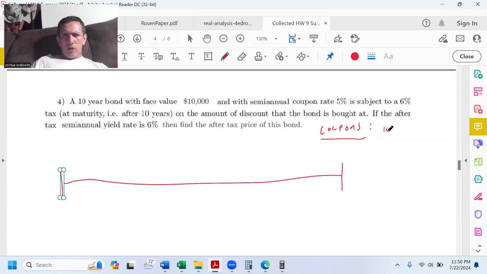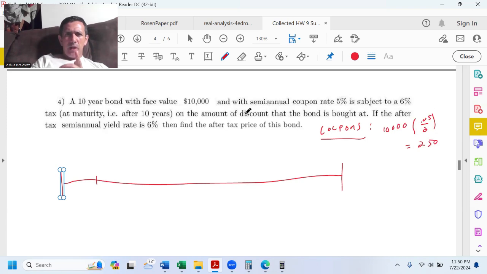So coupons are 10,000 times 0.05 over 2. That's 250. Again, everything's nominal, semi-annual unless otherwise stated.